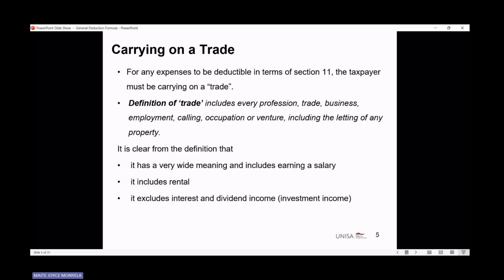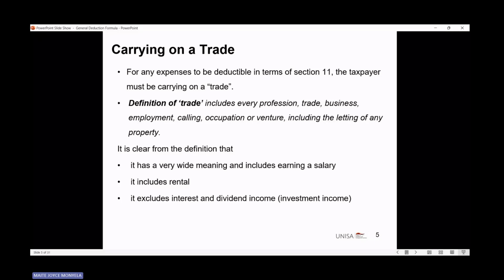Also, the letting of property qualifies as a trade. It's clear from the definition that it has a very wide meaning and includes the earning of a salary. Under the definition, we have employment, so the earning of a salary is also included.